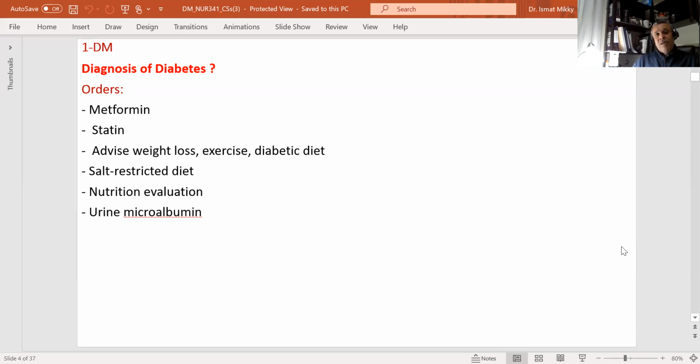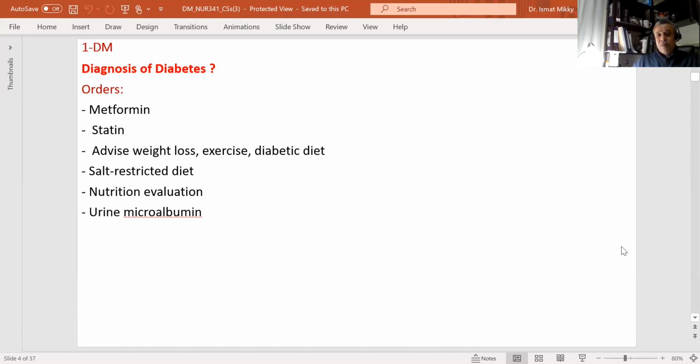To diagnose any diabetes, type 1 or type 2, we have different lab diagnostic tests.